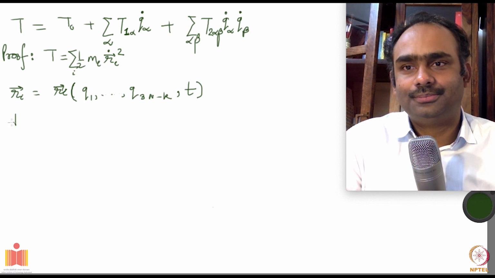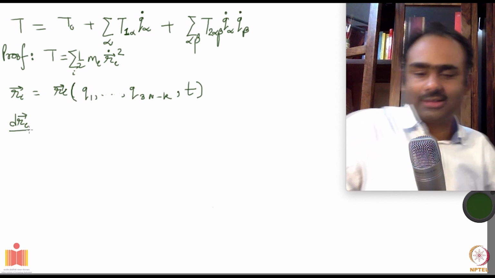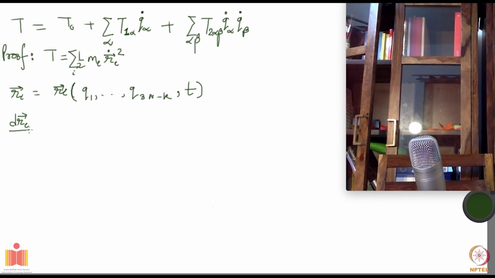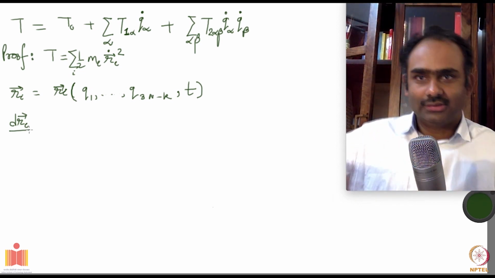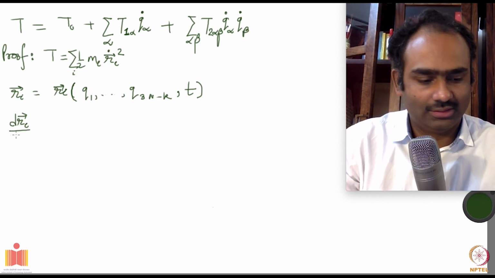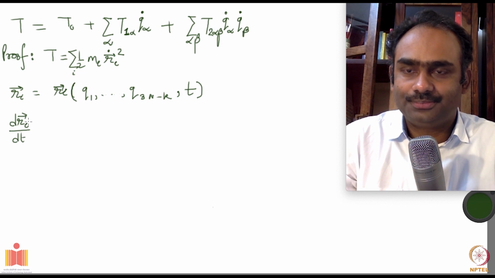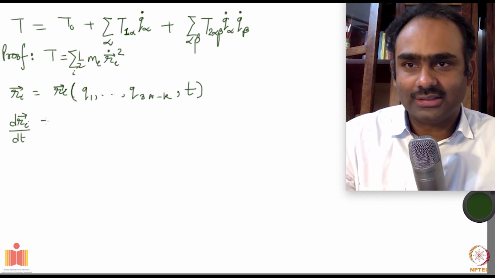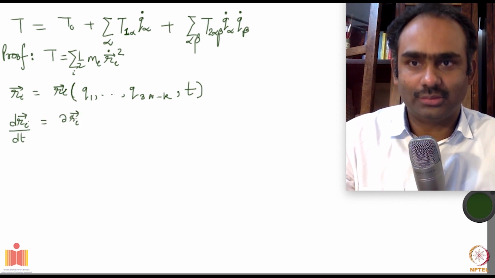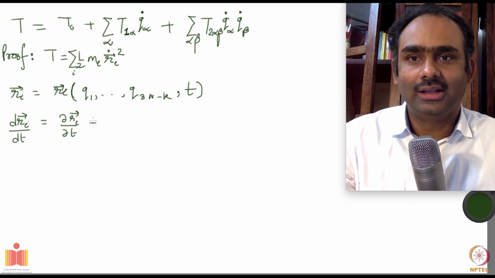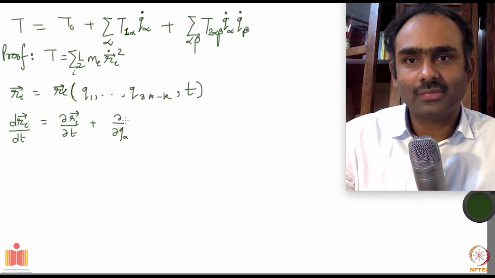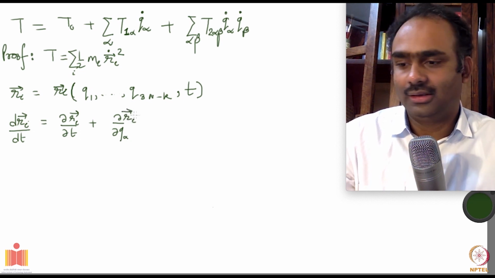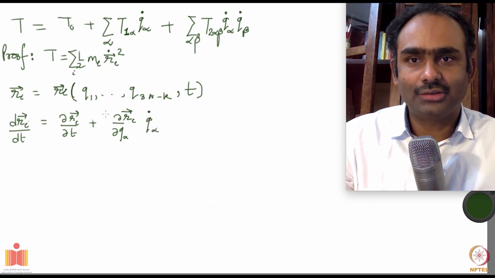So the velocity is dr_i over dt, which is del r_i over del t, the partial derivative, plus the partial derivatives with respect to all the coordinates alpha, del r_i over del q alpha, times q alpha dot, and you should sum over all the alphas.